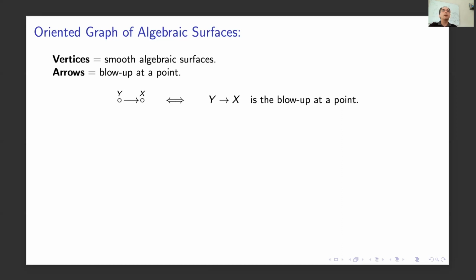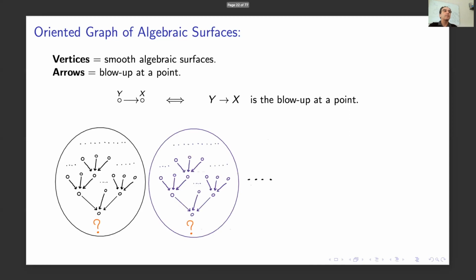So any point can be taken for a blow up, and this will give us a new surface y, which is smooth. So if these things happen, then we say that there exists an arrow from y to x. So you see, we defined the graph. As I said before, it's a very big graph, but it's well defined. So let me study this graph a little bit. Let me say a few properties.